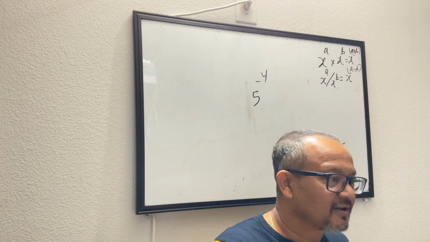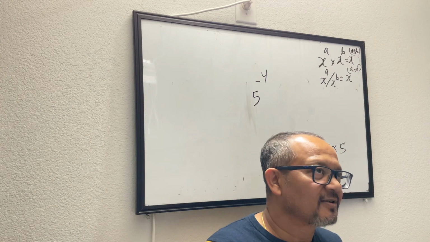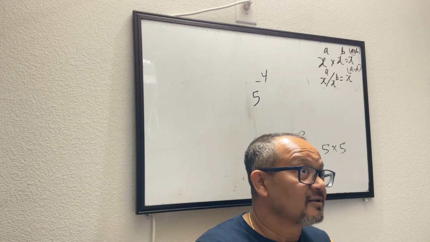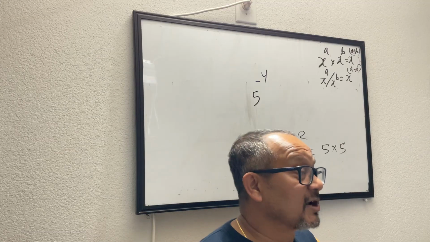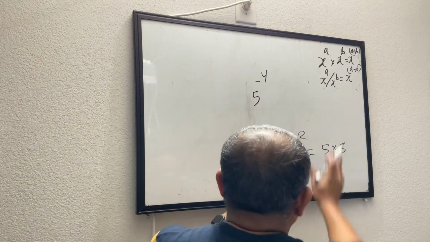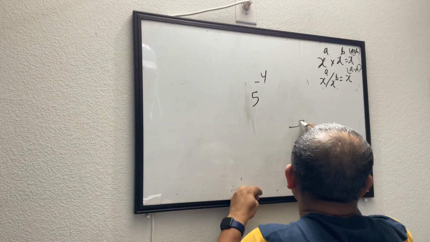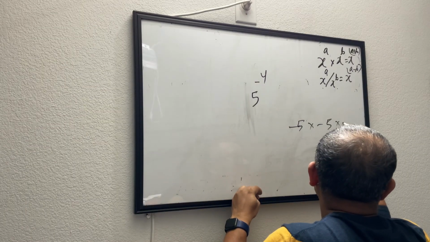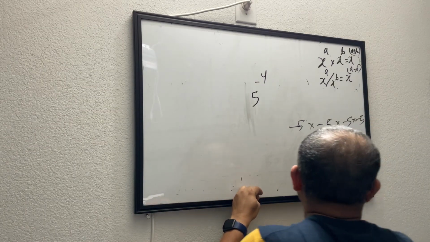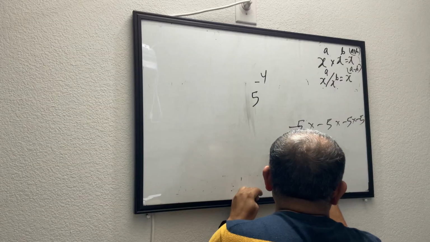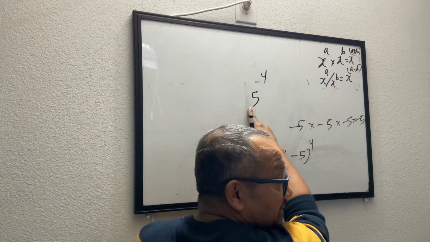I think minus 5 times minus 5 times minus 5 times minus 5. No, look at it differently. If I'm trying to do minus 5 times minus 5 times minus 5 times minus 5, I will write this as (minus 5) to the power 4. I will not write it like 5 to the power minus 4.